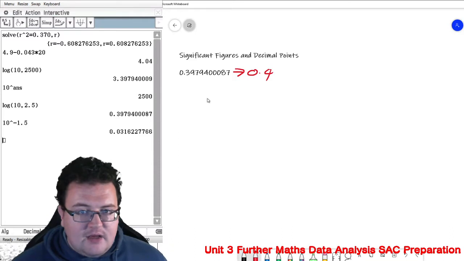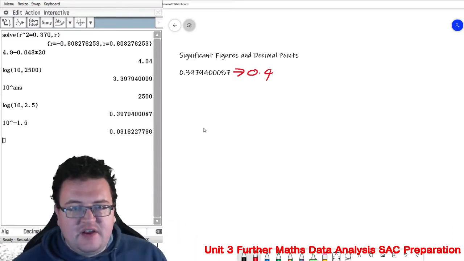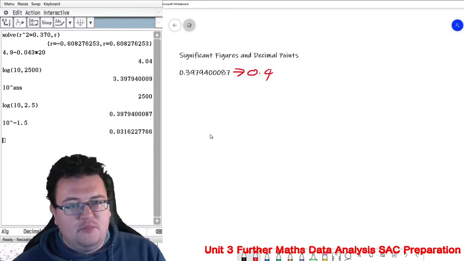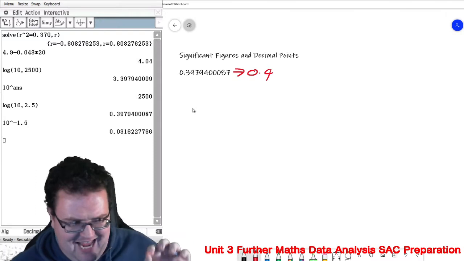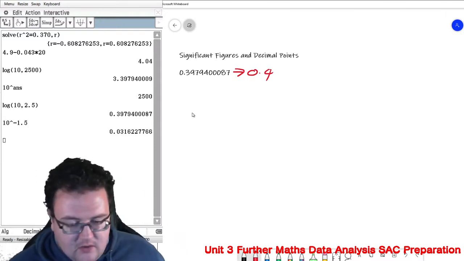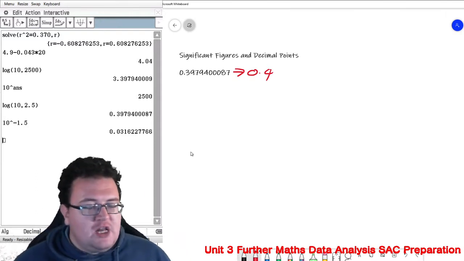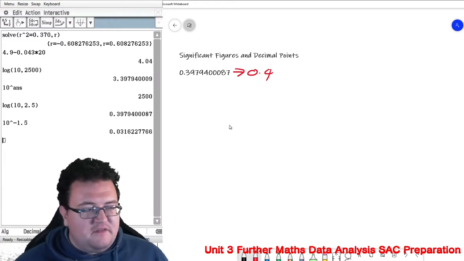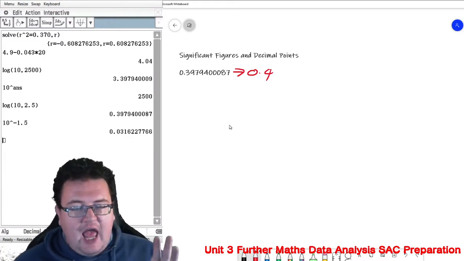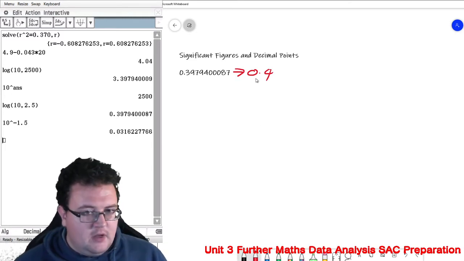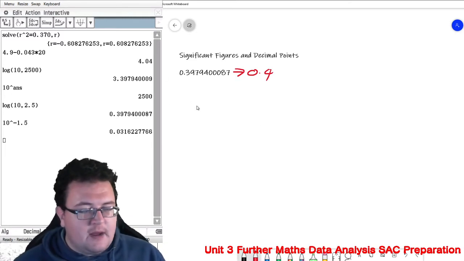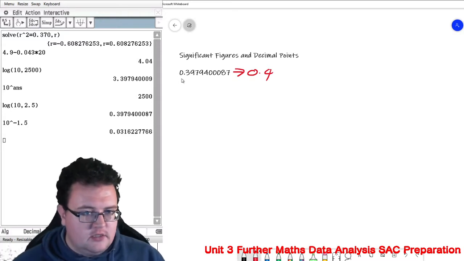For this number, is 3 significant figures and 3 decimal points the same answer? Spoiler alert, yes. All right. What we're looking for in significant figures is how many numbers do we actually need to write. That can include the numbers before the decimal point.